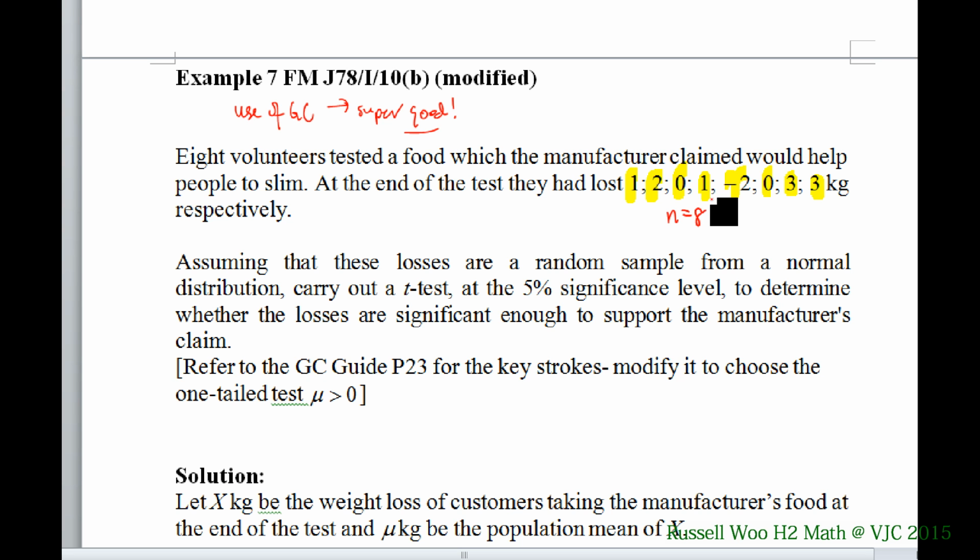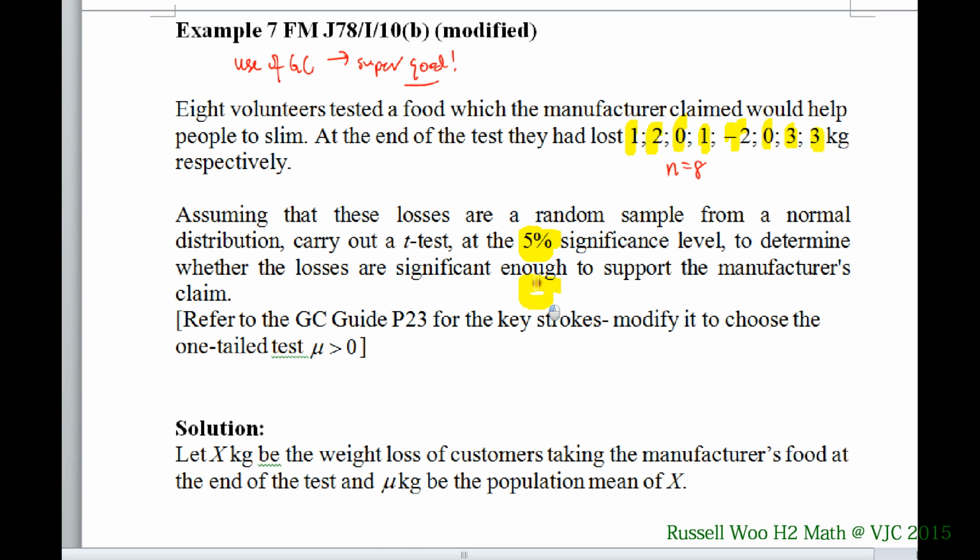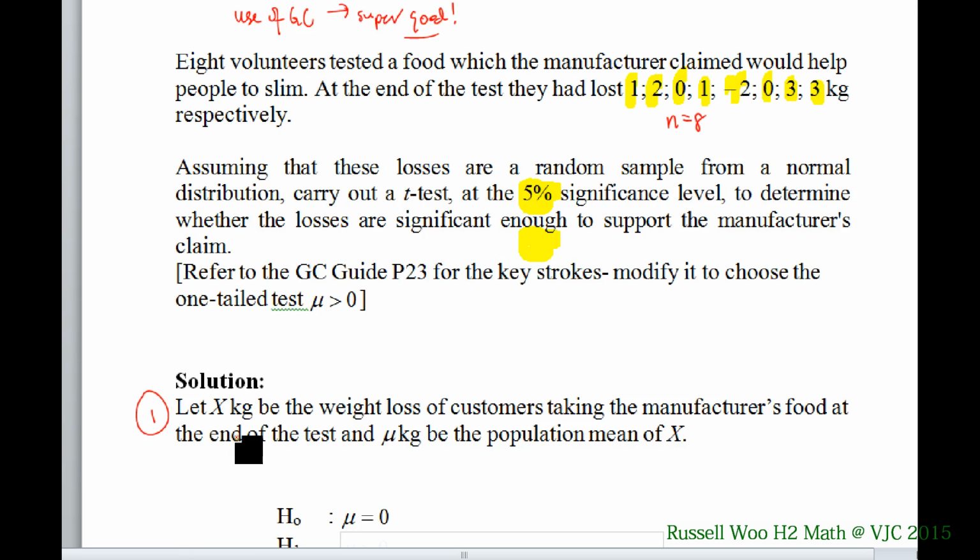Assuming the losses are a random sample from a normal distribution, that means X is normally distributed. You want to test whether the losses are significant enough, at a 5% level of significance. So step 1, we define the random variable.